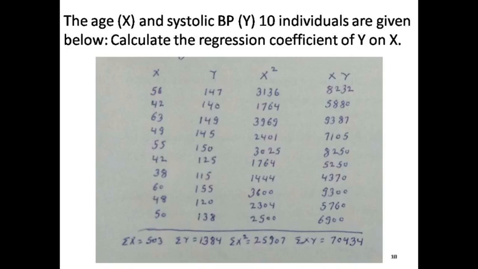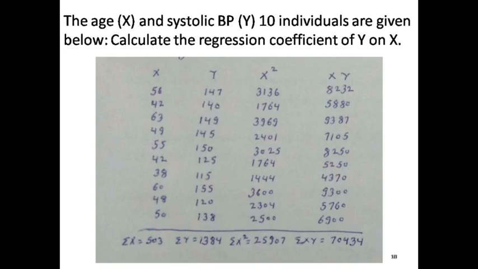Values for age are 56, 42, 63, 49, 55, 42, 38, 60, 48 and 50, and the respective systolic blood pressures are 147, 140, 149, 145, 150, 125, 115, 155, 120 and 138. So we have this information with us.